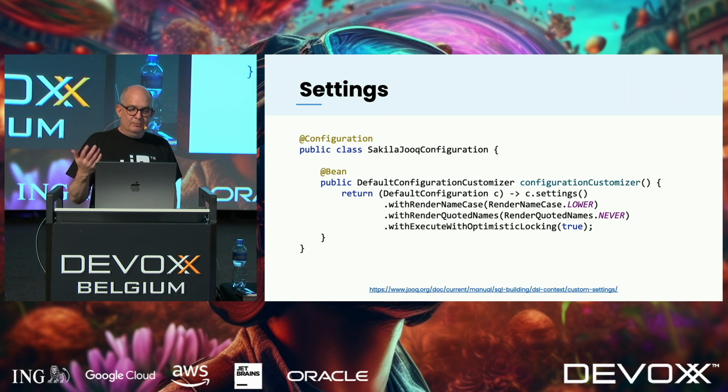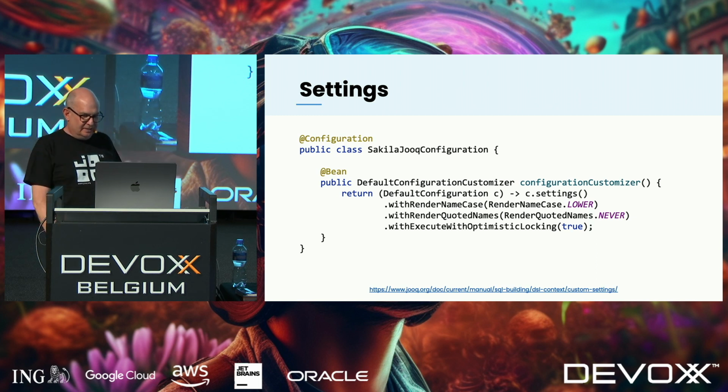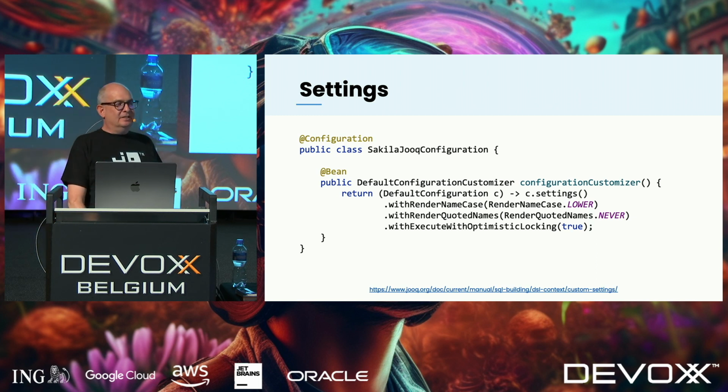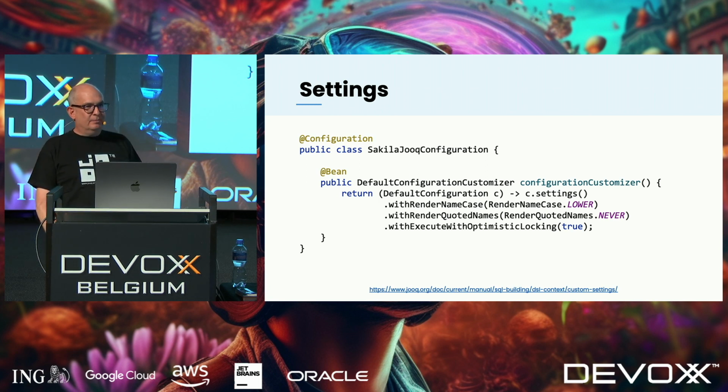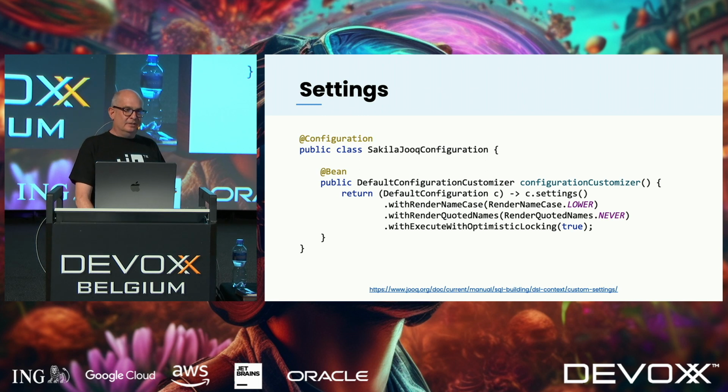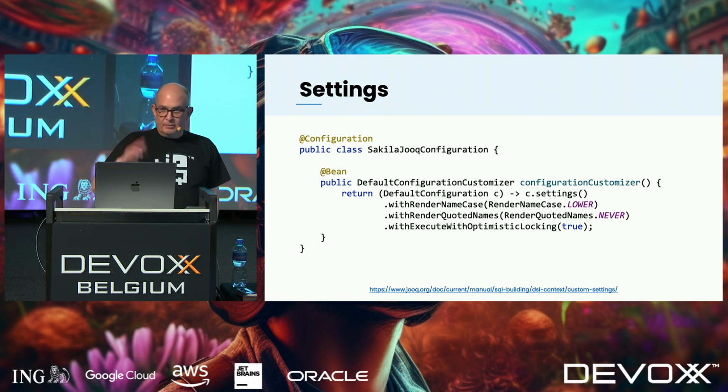By the way, most databases are case insensitive. Some are case sensitive. For example, MariaDB and MySQL depend on the operating system where you run it. If you run it on Windows, it's case insensitive. If you run it on Linux, it's case sensitive. And with others like Oracle, you can put the names in double quotes.